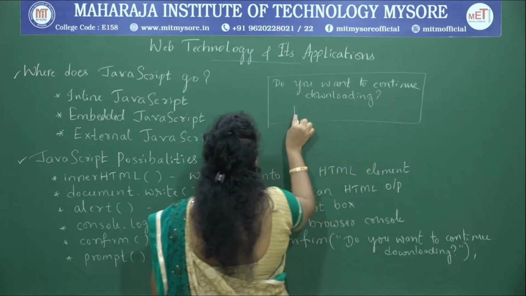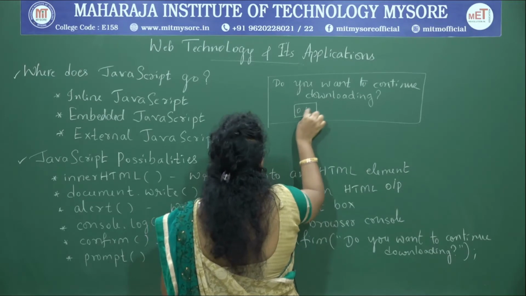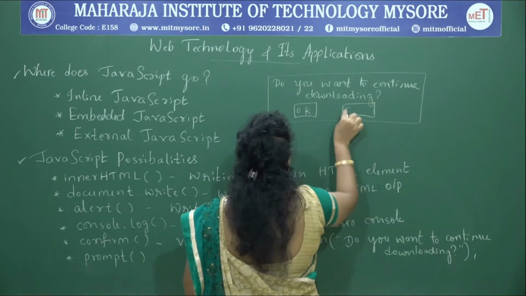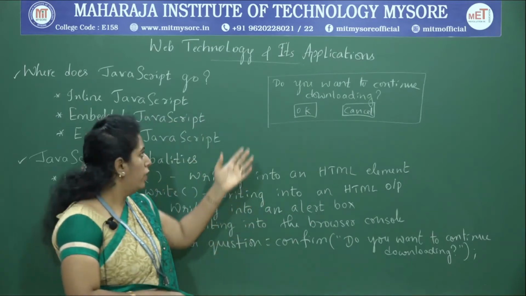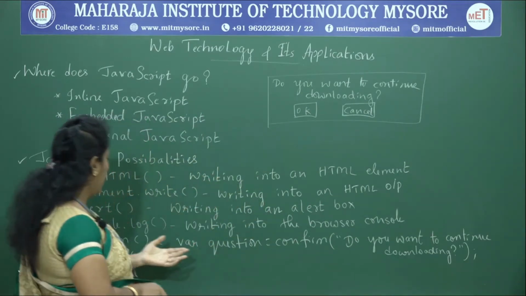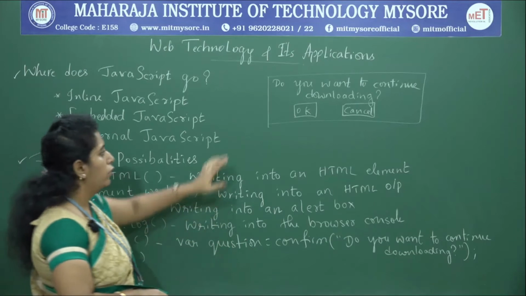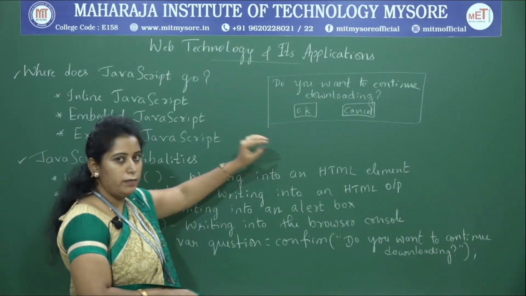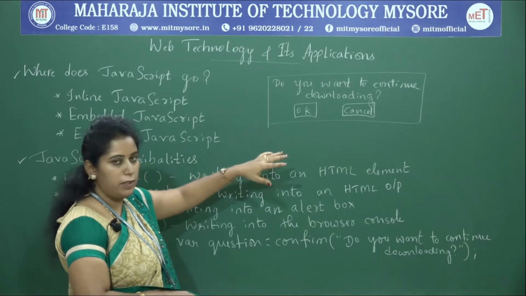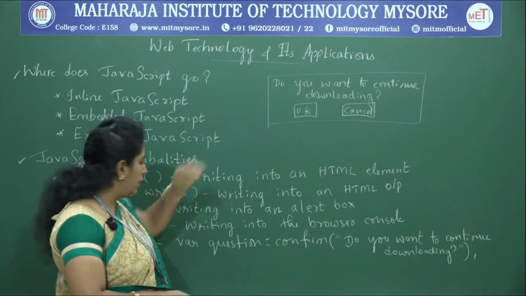So you will get two choices, OK and cancel. This is how you can make use of a confirm for performing interaction. Either OK it considers, cancel means it will not be considered.